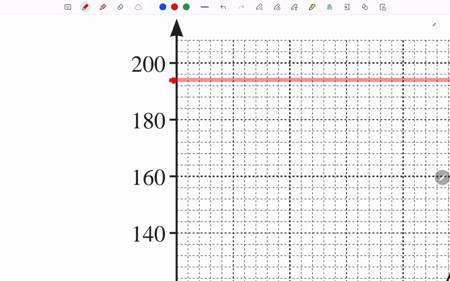Now we have to understand one simple thing, that all the students who are above this line are the students who have taken more than 40 seconds to complete the calculation. So we need to find how many students are there in this part.